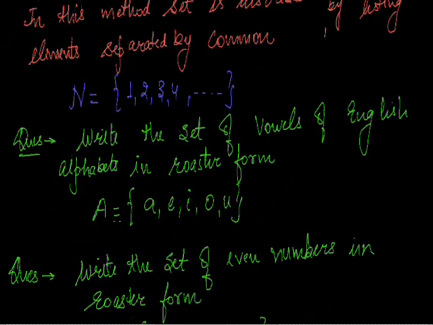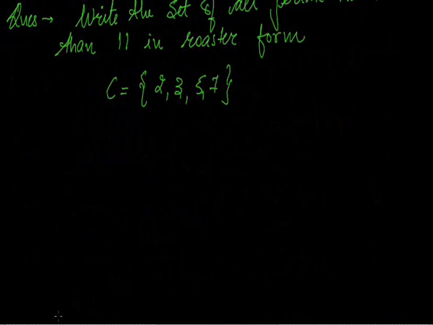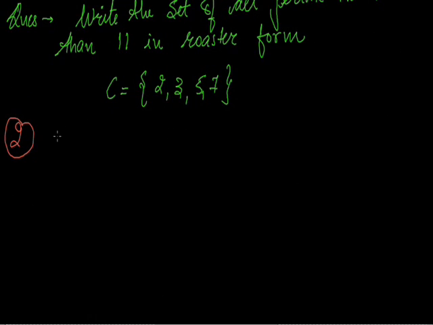Now we have to learn the second method. The second method is set builder form. This is the second method in which sets can be written.